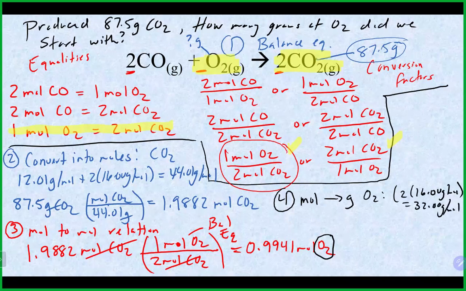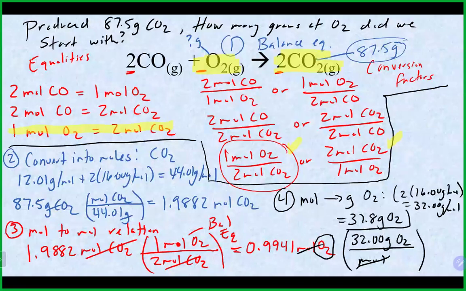We will use that in our final fourth step here. We're going to put the grams up on top so that we end up with grams. Moles on the bottom so that they cancel. And in this case here, we will end up with 31.8 grams of O2. I'll just go above it. 31.8 grams of O2 in this case.